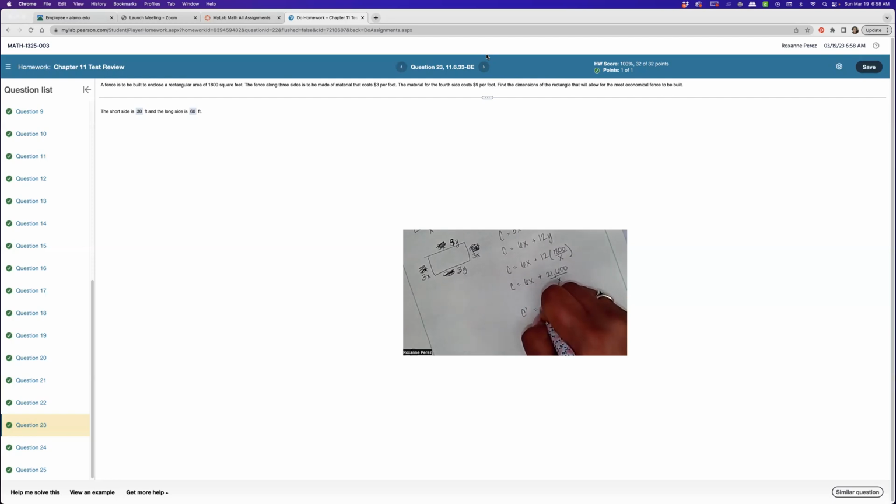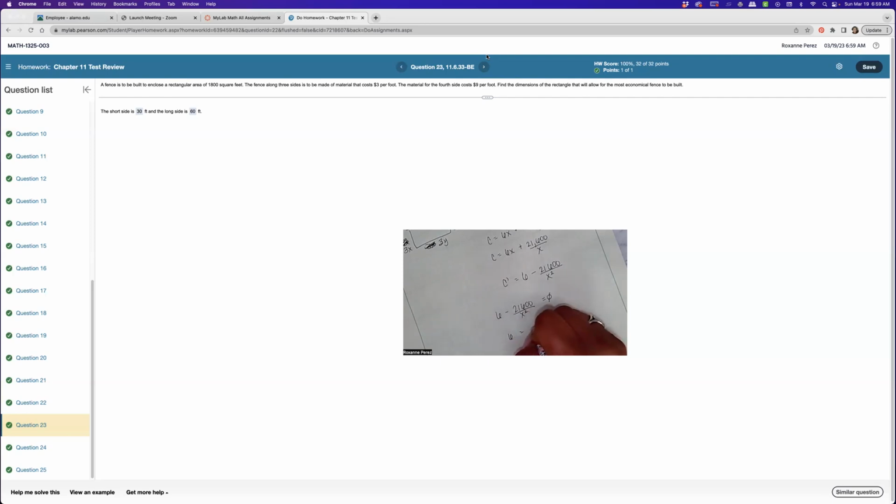And it's going to give me 6 minus 21,600 over x squared. Now I need to solve, take this, set it equal to 0. So 6 minus 21,600 over x squared equals 0.